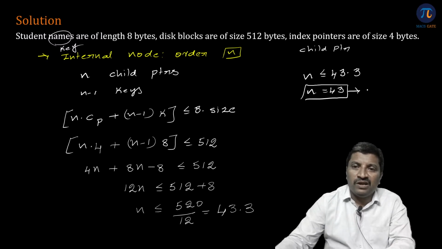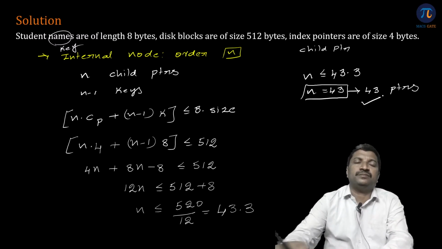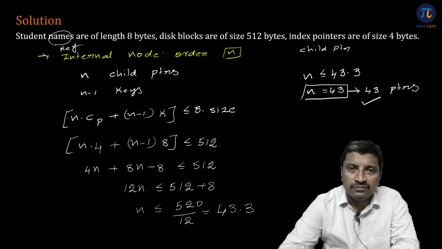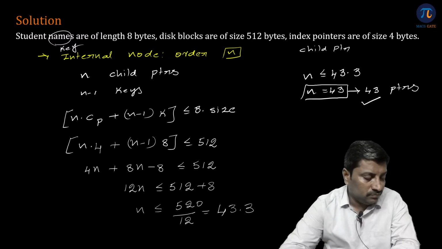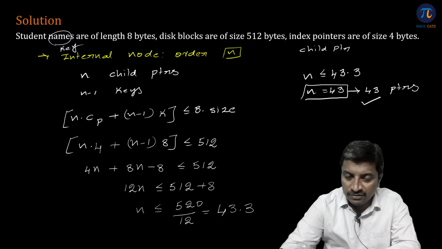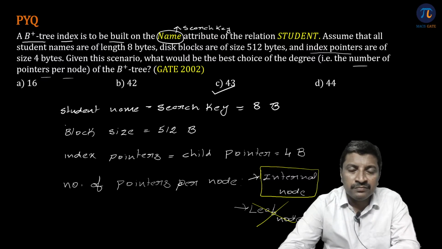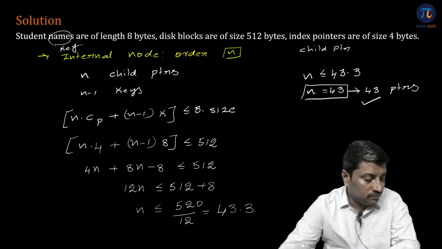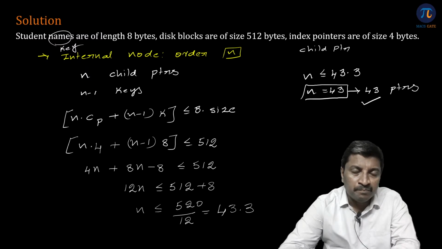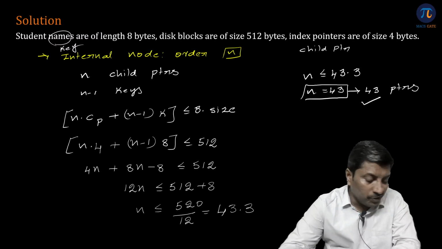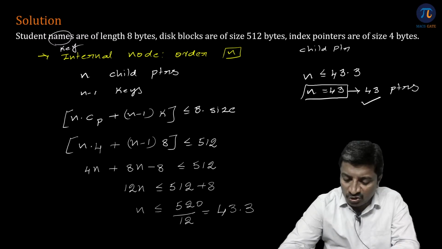So this node will have 43 pointers max. Hope you understood it. So we are moving to the next question.